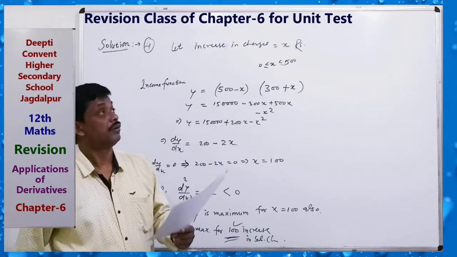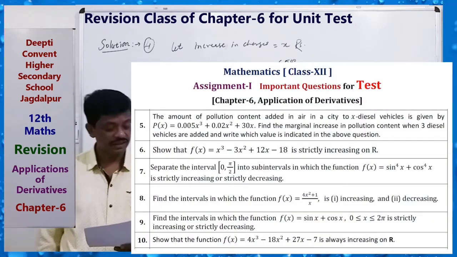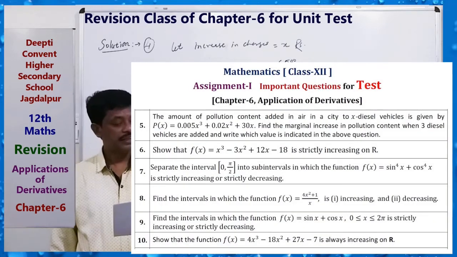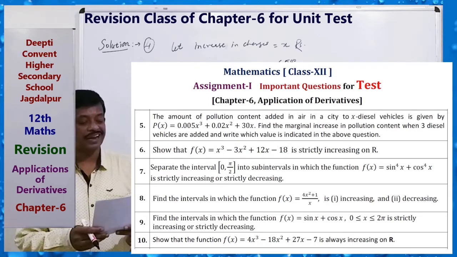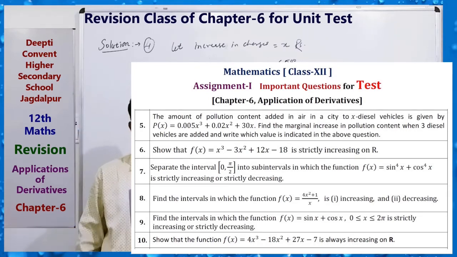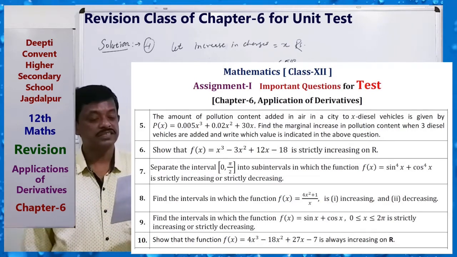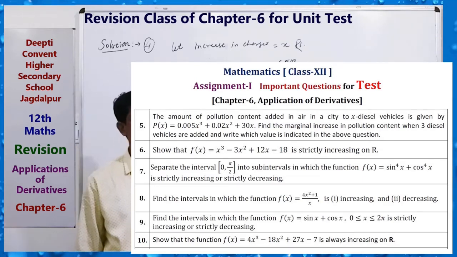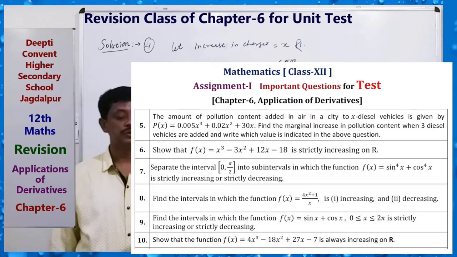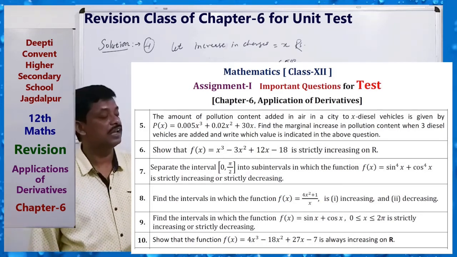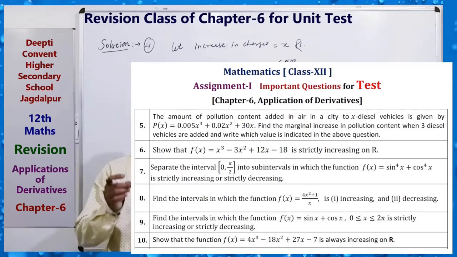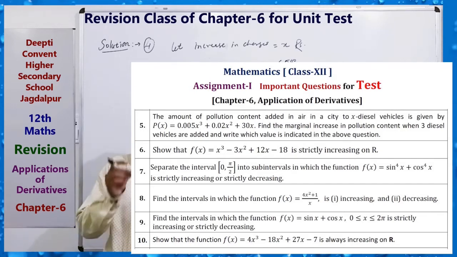Now take question 5. The amount of pollution content added in a year in a city by x diesel vehicles is given by Px equals 0.005x cube plus 0.02x square plus 30x. Find the marginal increase in pollution content when 3 diesel vehicles are added.